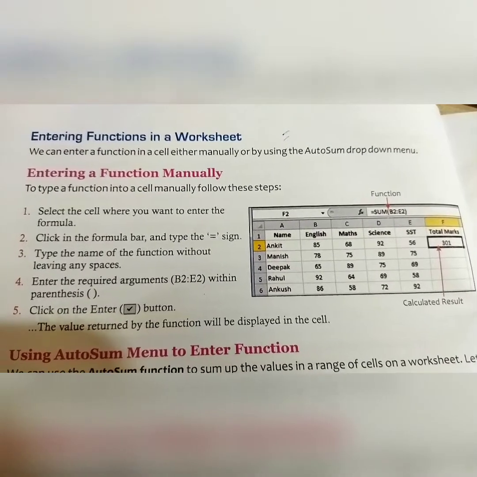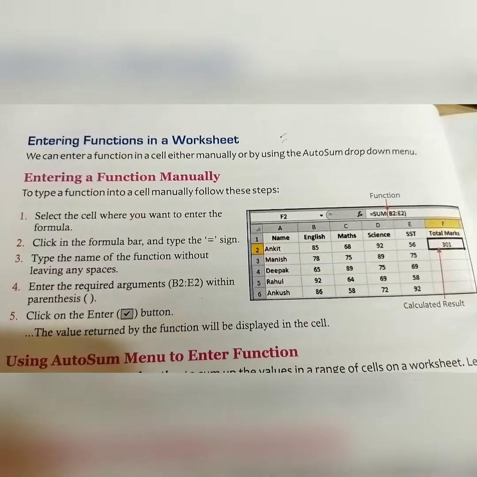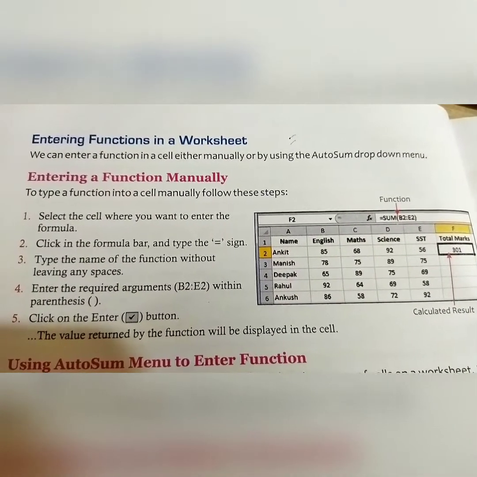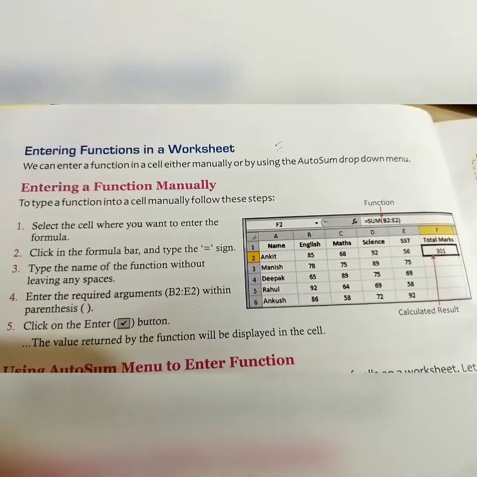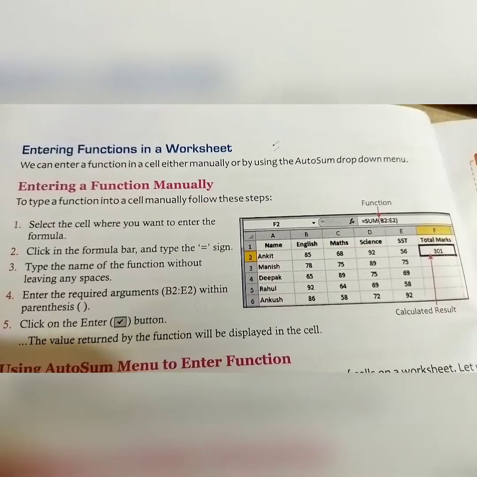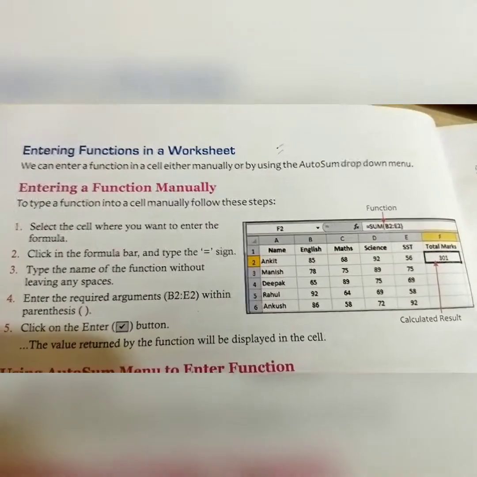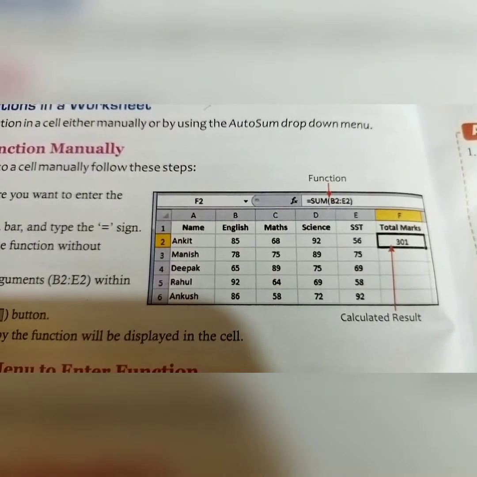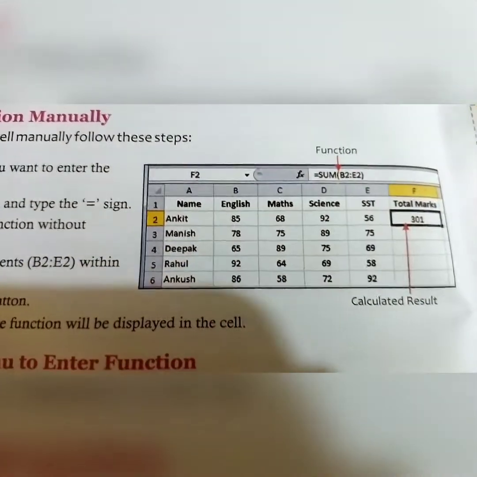Then enter the required argument, for example B2 colon E2, within parentheses. Then the last, fifth step: click on the Enter button, students. The value returned by the function will be displayed in the cell. So this is the part on entering a function manually.